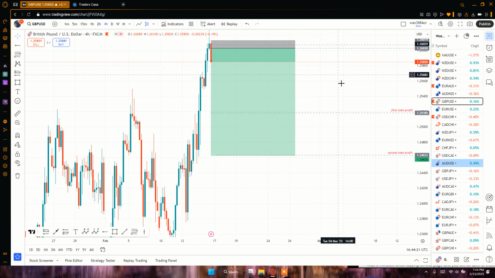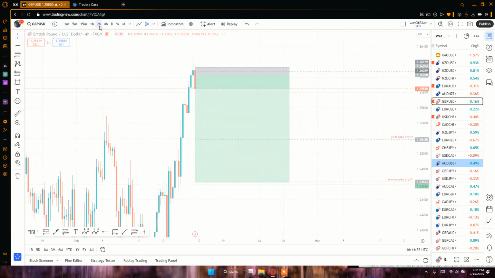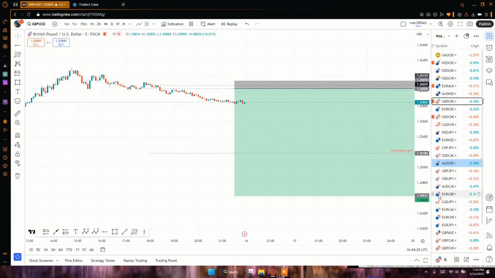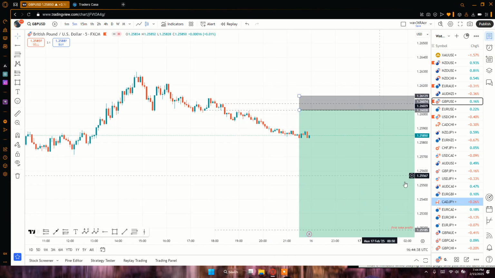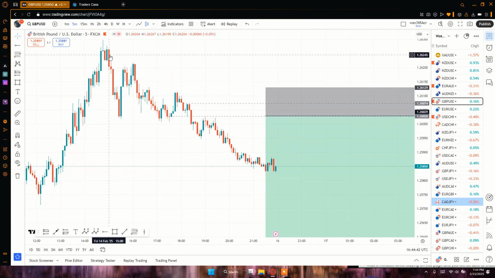Okay, so we have these two potential entries, but as we know, we might also have an untapped liquidity somewhere above there, but we have to look at the wave formations to determine how price will come back to these levels up here.